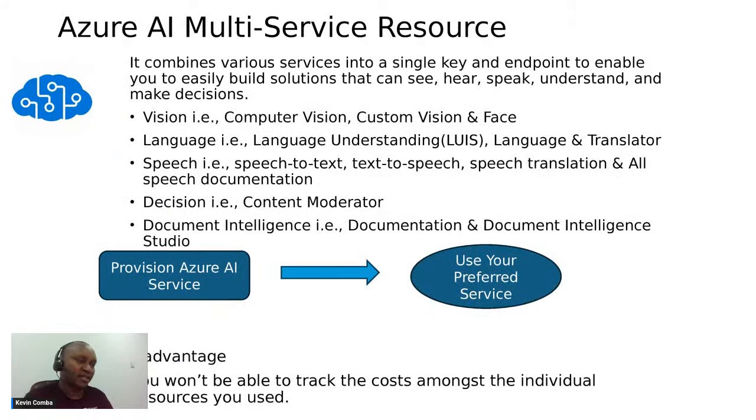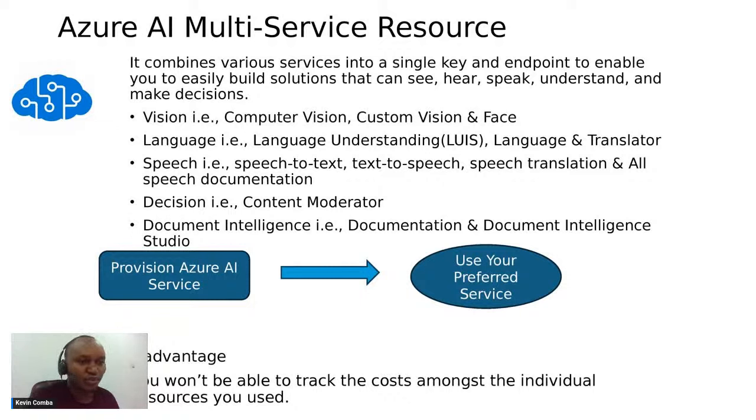In terms of natural language processing, Microsoft Azure can basically be divided into two major categories: one being the Microsoft AI multi-service resource, and you can also go direct and tackle one resource at a time. The multi-service resource, as I call it, has various portions, including services like vision, language, speech, and decision.